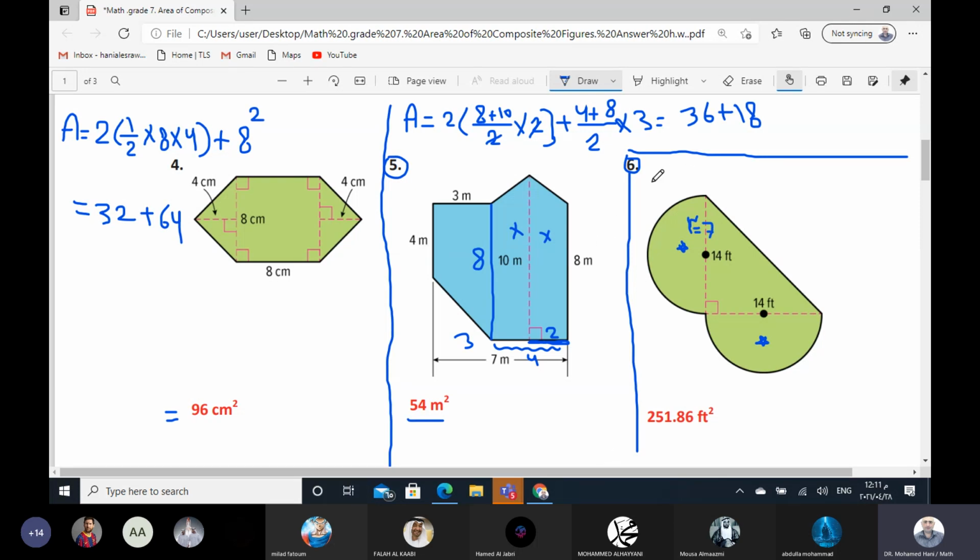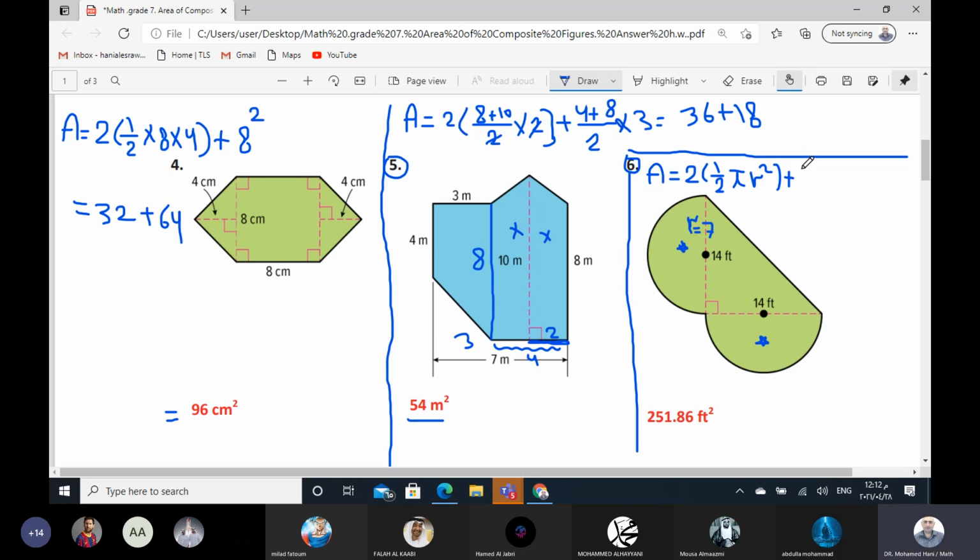So I will start here. A equals, we have 2 congruent semicircles, so multiply by 2. And the rule of the area of the semicircle will be 1 over 2 multiplied by pi r squared, plus the area of the triangle.